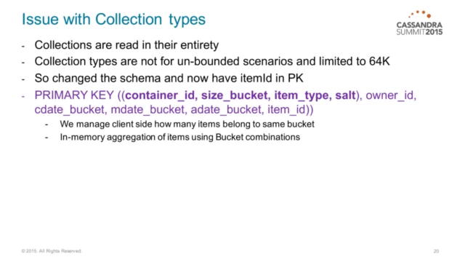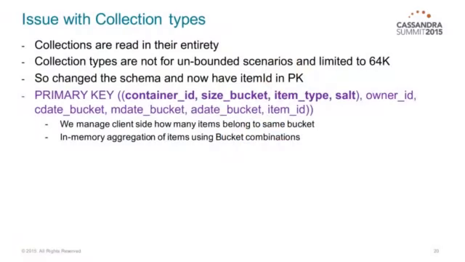If you think about this, even with this schema, I am virtually achieving the same thing that I had with the previous schema, where I had a primary key for a bucket combination and then a map stored against it telling me how many items belong to that bucket combination. Now I have this primary key with item ID as the last clustering column and the size.